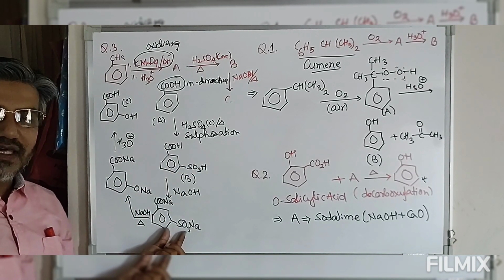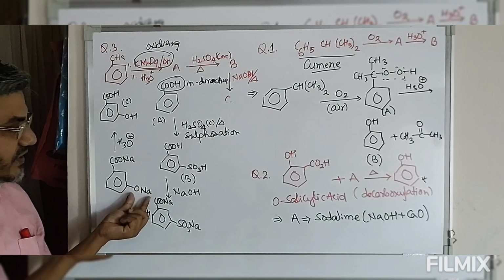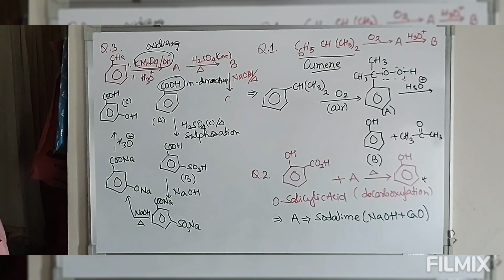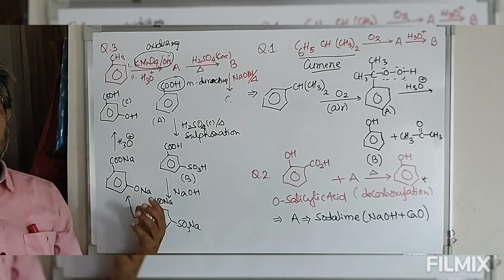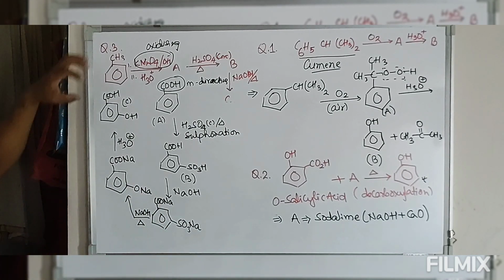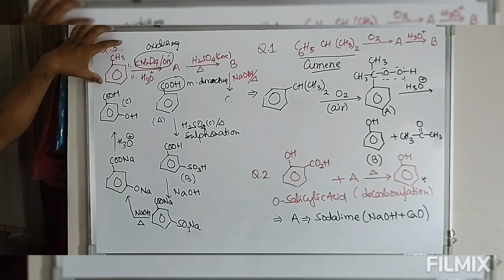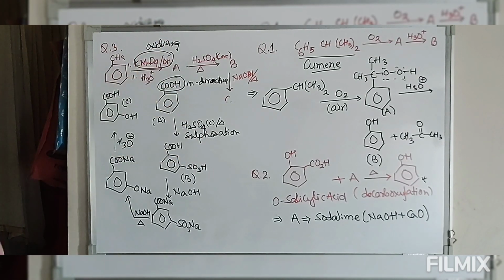The OH group of phenol being acidic further reacts to give you phenoxide ion, which on acidification gives you phenol. So this is how we prepare phenols from benzene sulfonic acid. So instead of benzene sulfonic acid, we are starting from toluene. So by starting from toluene, we are introducing the sulfonic acid group by sulfonation.